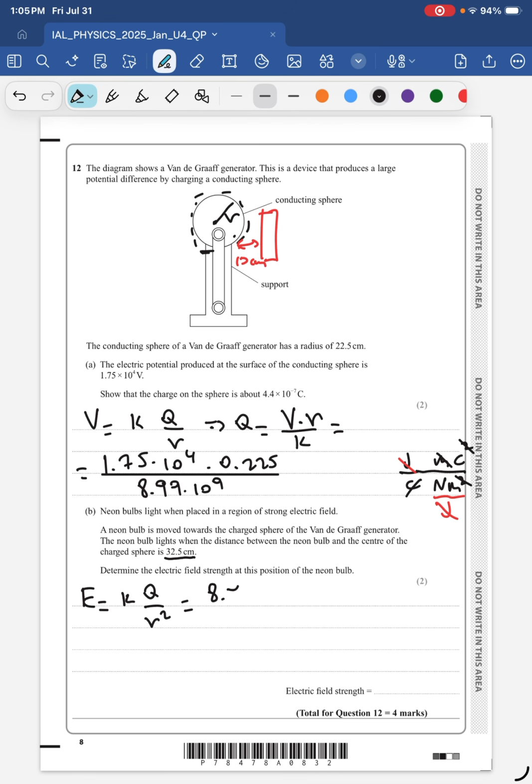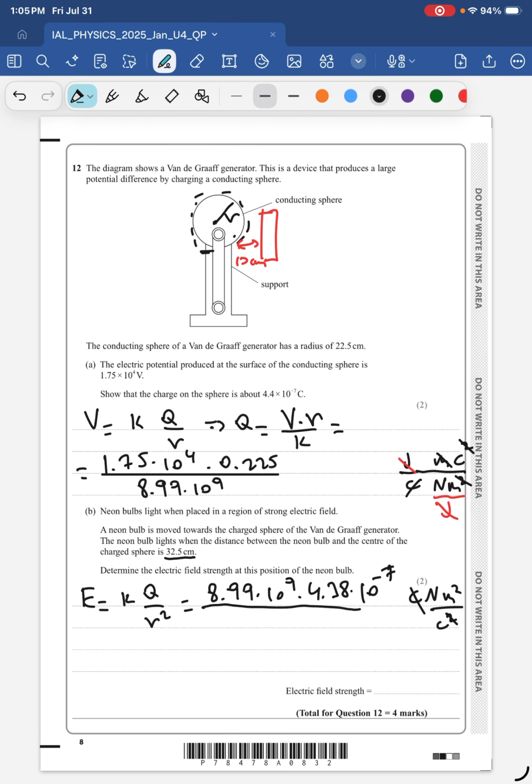Okay, so 8.99 times 10 to the 9, the units are newtons meter squared over coulombs squared, times 4.38 times 10 to the negative 7, and that's coulombs, right? So coulombs here cancel.